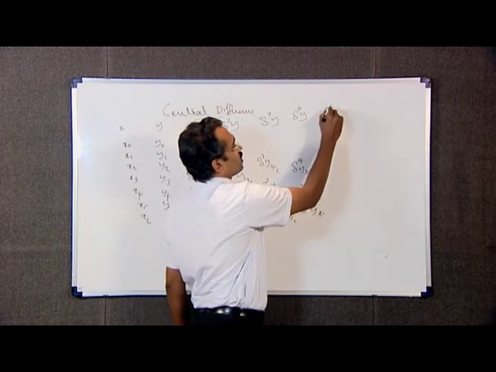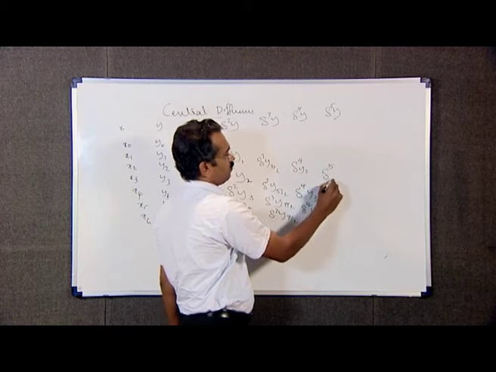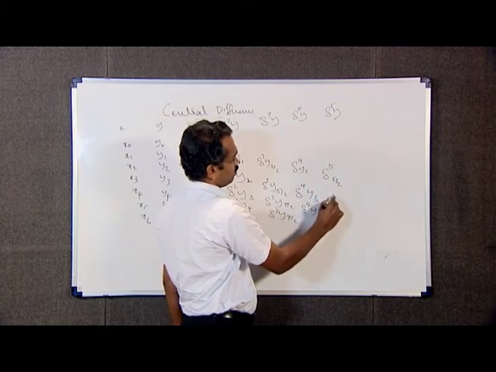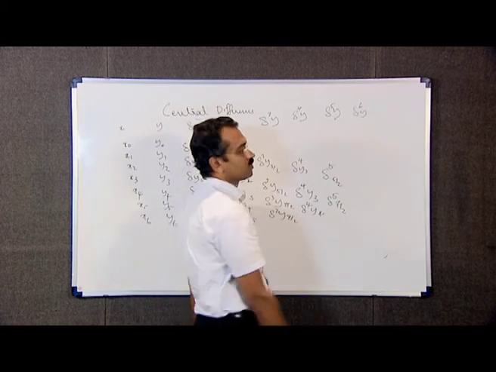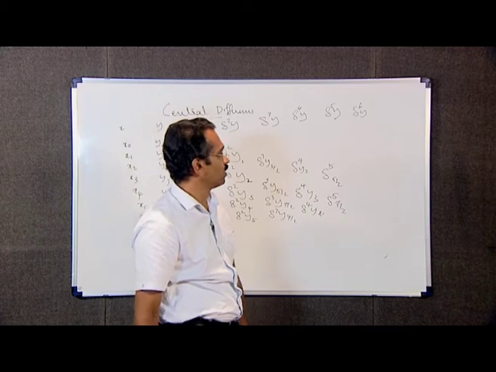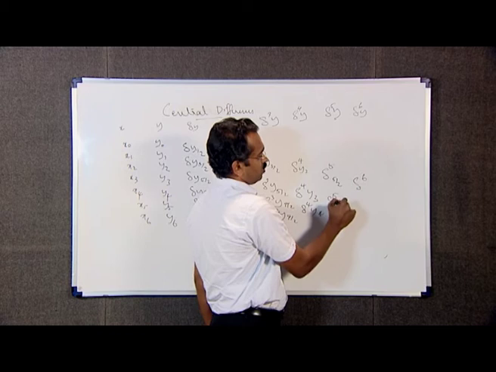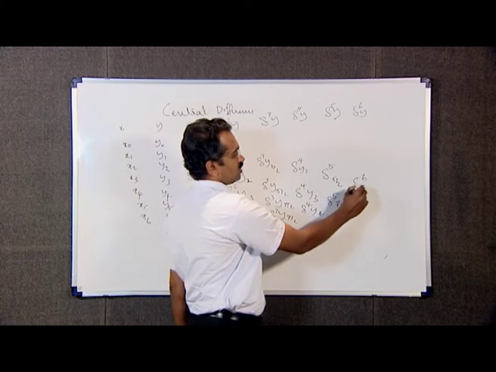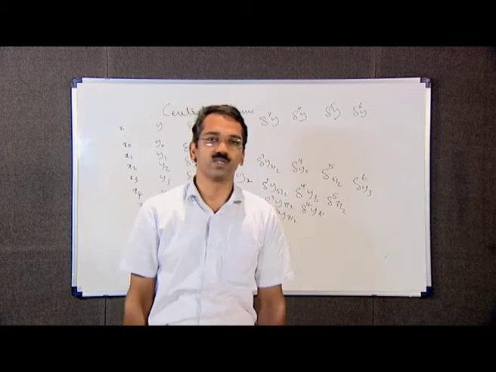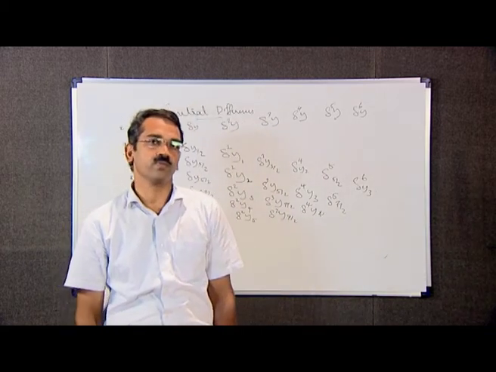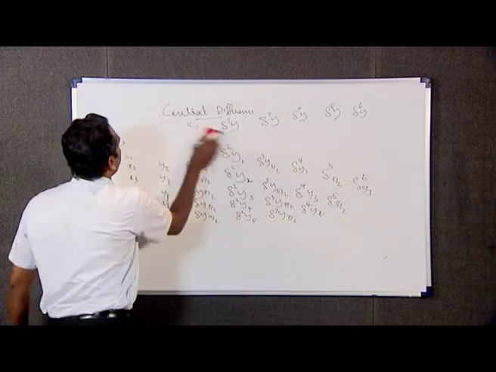The fifth differences are delta raised to 5, 5 by 2, and delta raised to 5, 7 by 2, and the sixth difference is delta raised to 6, 12 by 2 is 6, 6 by 2 is 3, delta raised to 6 y 3. This is the difference table. Now, we define another operator, the mean operator.